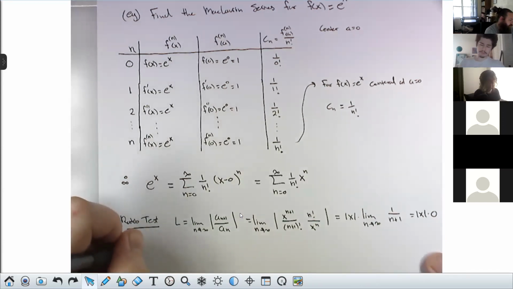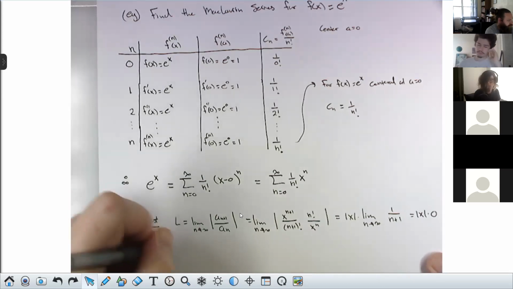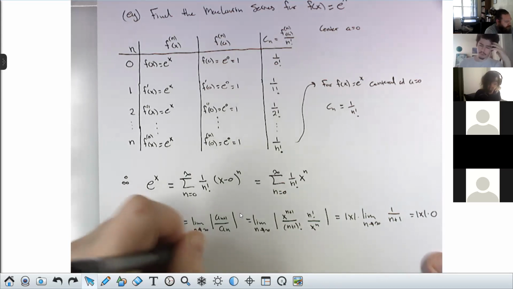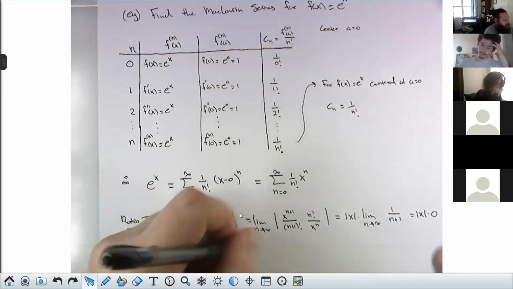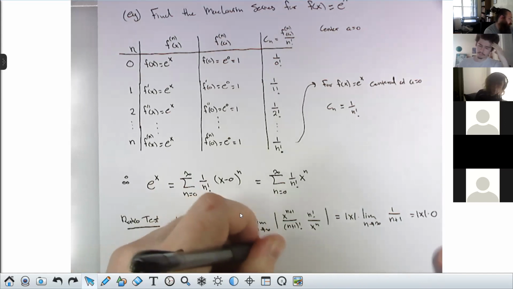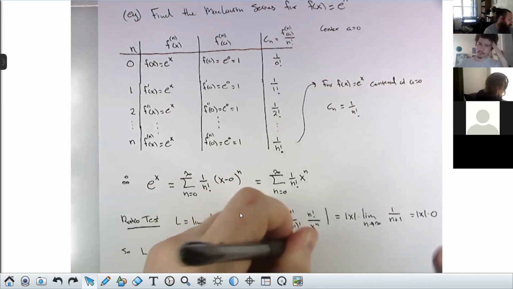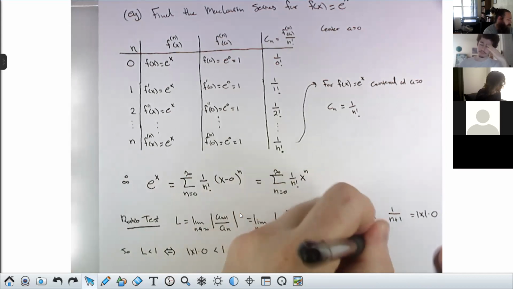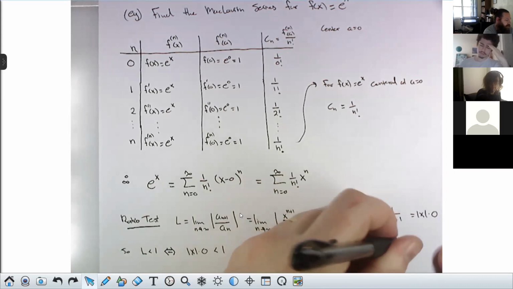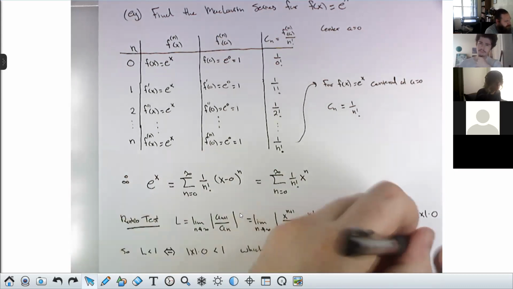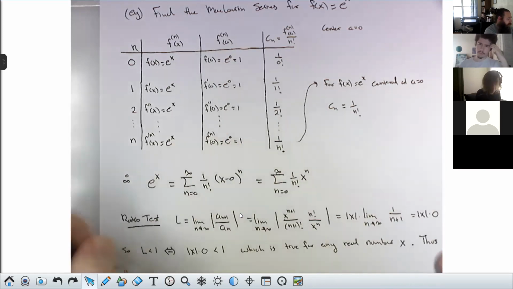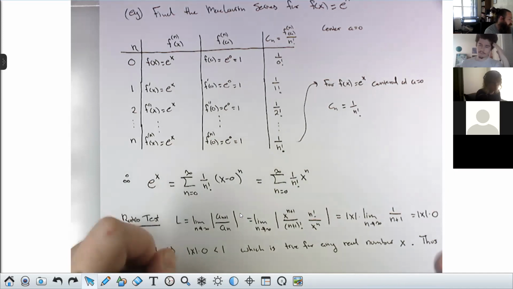So L is less than 1 if and only if the absolute value of x times 0 is less than 1, which is true for any real number x. Thus, the IOC here is negative infinity to infinity, all real numbers.